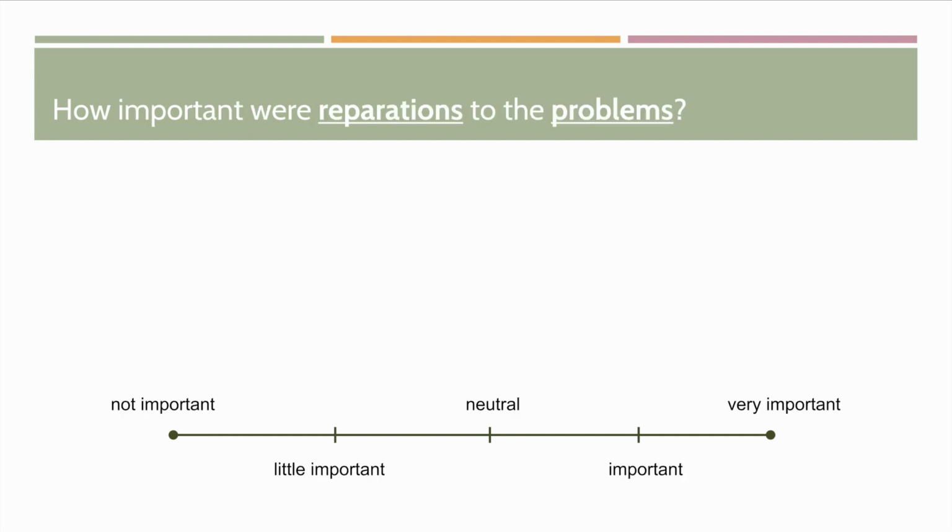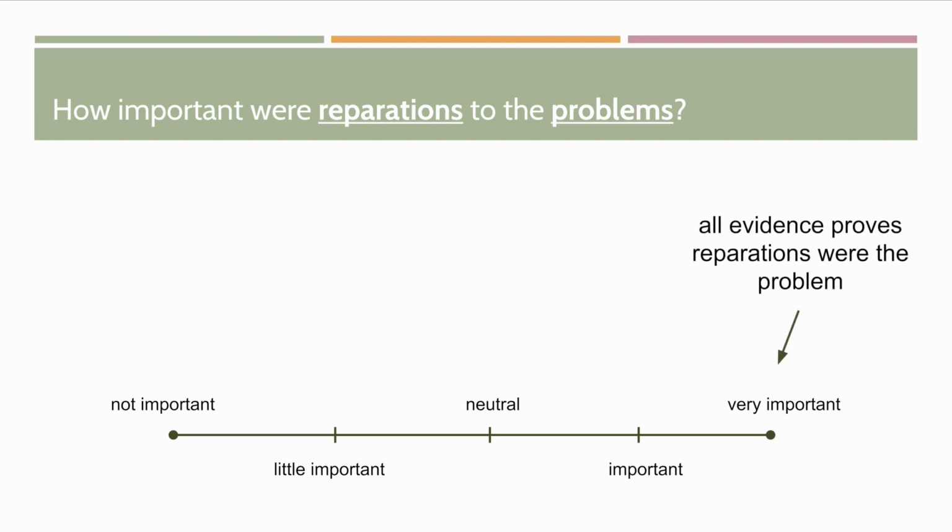When we look at this particular question, always remember to think about what is the question that is being asked. We are asked about reparations and how they relate to problems. If our response is going to be very important, then what you would expect to see is all the evidence in your essay proves that reparations were the problem.